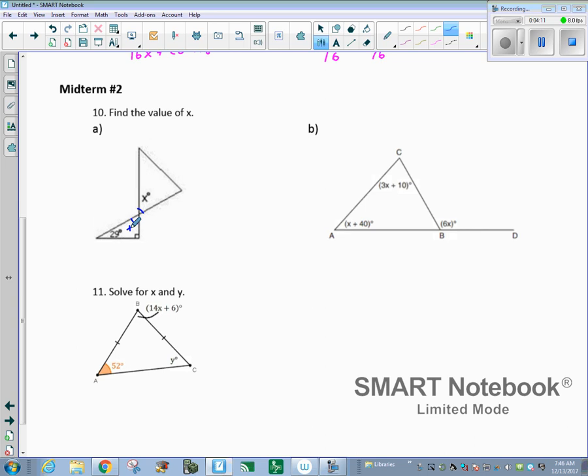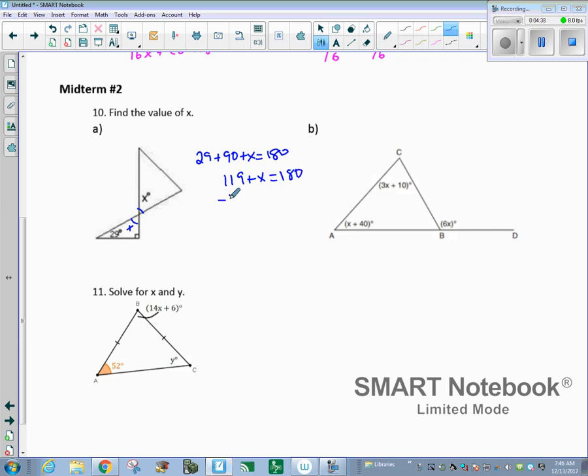So looking at this small triangle down here, I have 3 angles, and I'm trying to find this x angle, so that would mean that I could add all these angles up and equal 180. So 29 plus 90 plus x equals 180, because all triangles add up to be 180. So adding 29 and 90 together gets me 119 plus x equals 180.